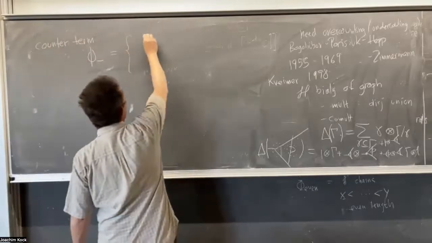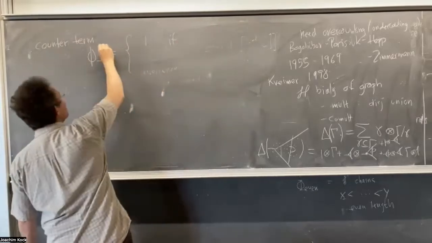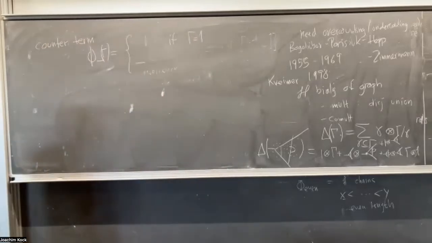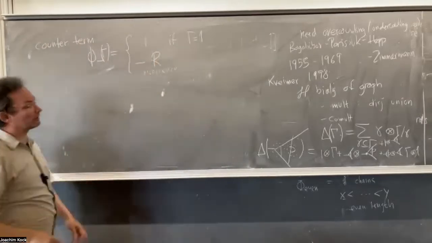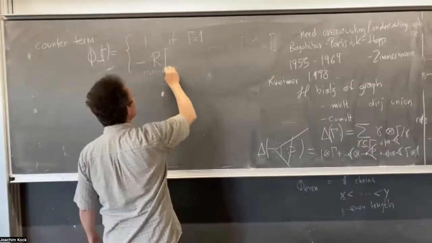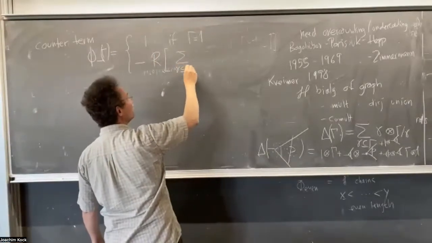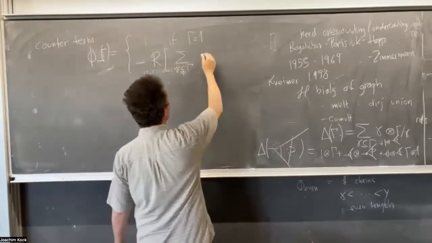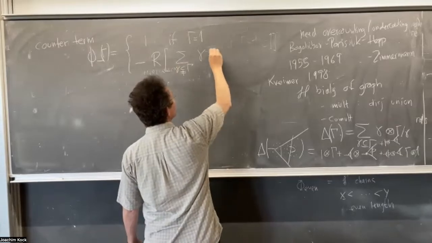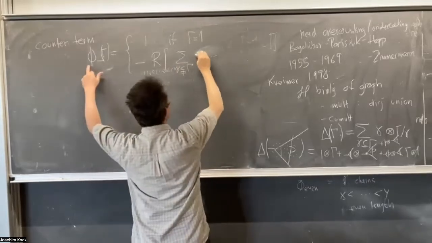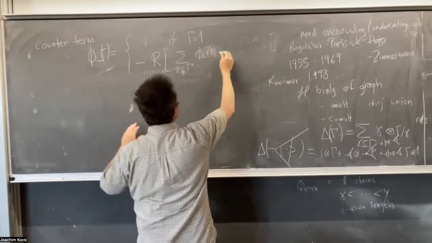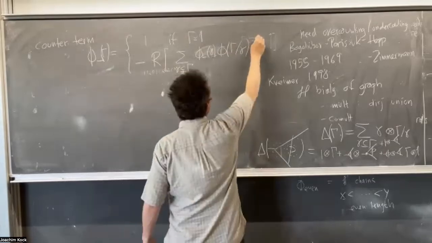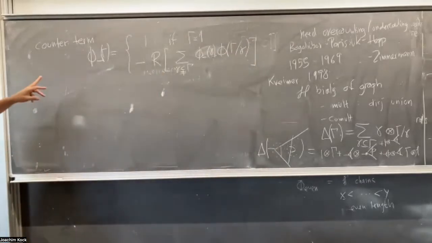And this counter term is equal to 1 if the graph is trivial, and otherwise it's equal to, and now we have this pole part operator, and you sum over all the subgraphs, but we don't want the last one. So you begin to recognize a lot of familiar stuff. Sorry, I need to apply now this one to the subgraph, and then I apply the original one to the quotient graph. And I take pole part of all that.